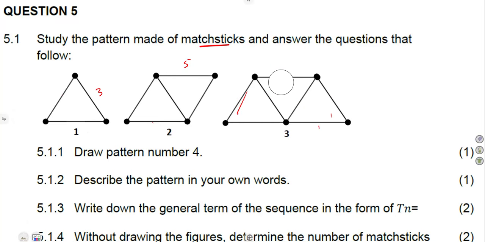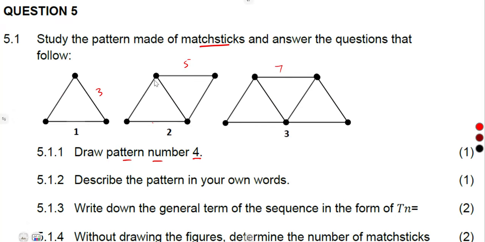There are now 7 of them. All right. So that is what you have.